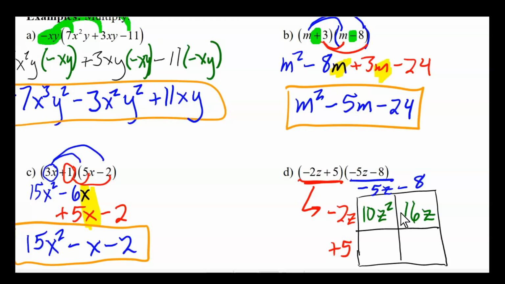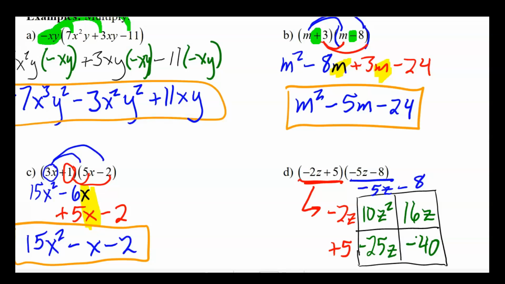Next box, bottom left, 5 times negative 5z, negative 25z, and then the last one is 5 times negative 8, negative 40, okay?